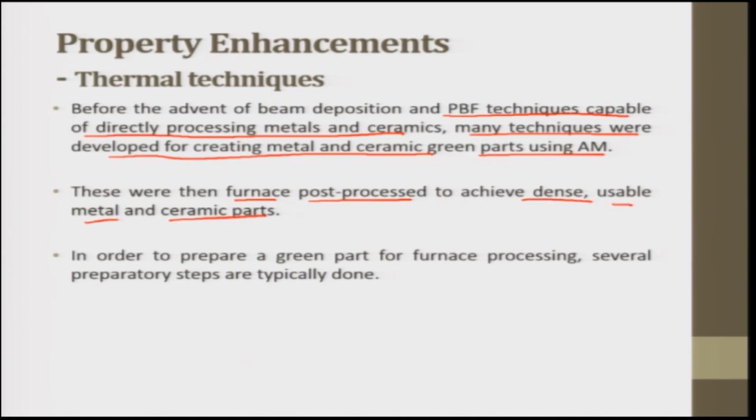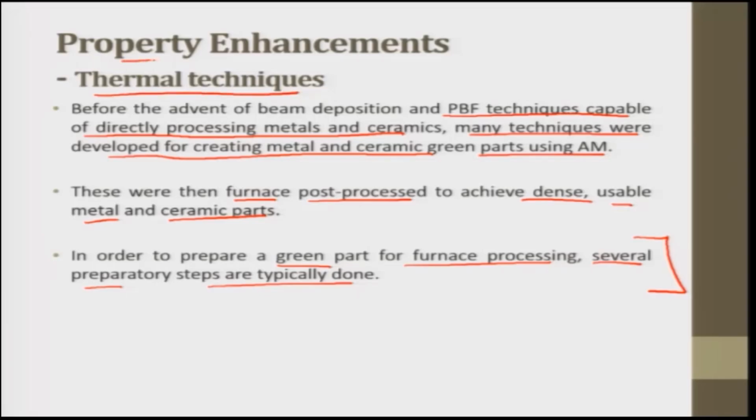In order to prepare a green part for surface processing, several preparatory steps are typically done. There are certain steps involved in this furnace post processing. We won't move in that direction, but yes, furnace post processing and heat treatment are the major thermal techniques which are there to enhance the properties of the additive manufactured or rapid manufactured parts.